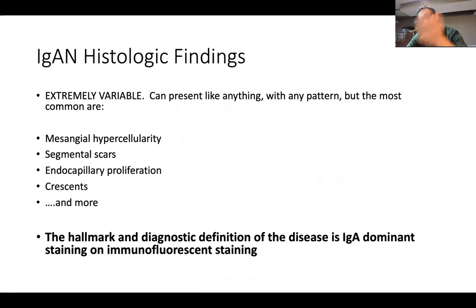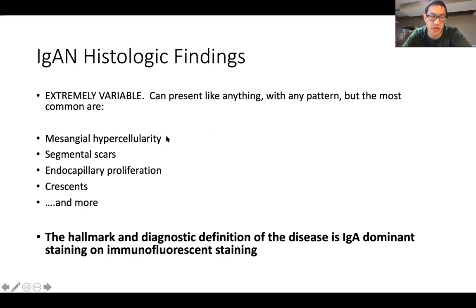And so there's been a lot of talk about, can we use the biopsy to help us prognosticate which patients are going to do well, which patients are not going to do well. And so the histologic findings are really variable. I think the 2 diseases that can probably look like everything are lupus and IgA nephropathy. But I would say the most common findings of IgA are these, and there's actually a scoring system designed for them.